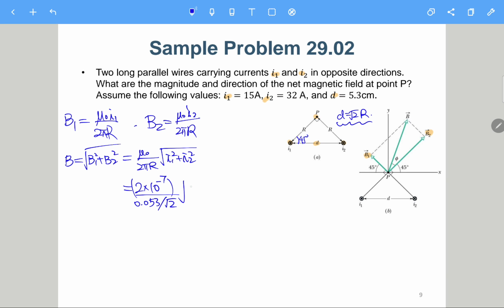And then here we have the square root of 15 squared plus 32 squared. So B will be 180 micro Tesla.